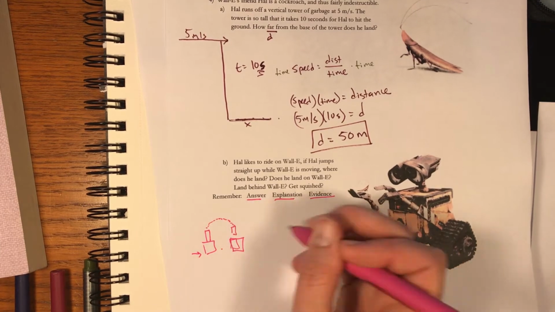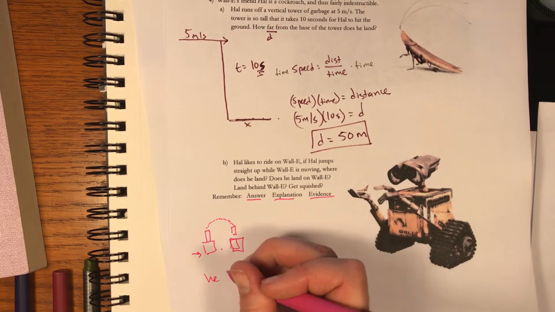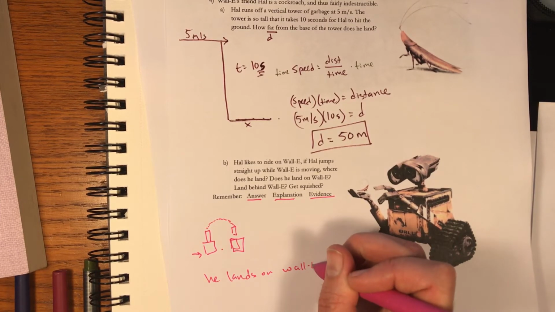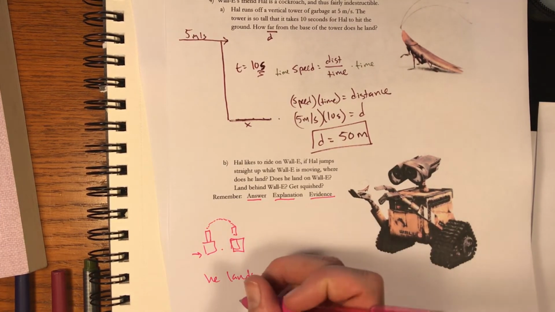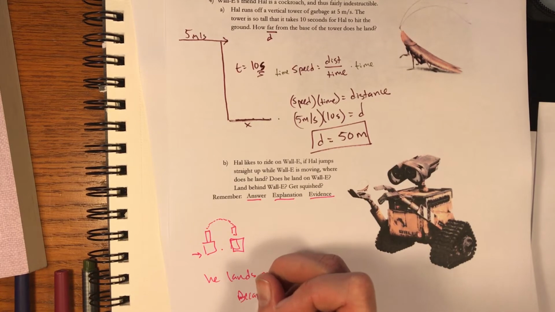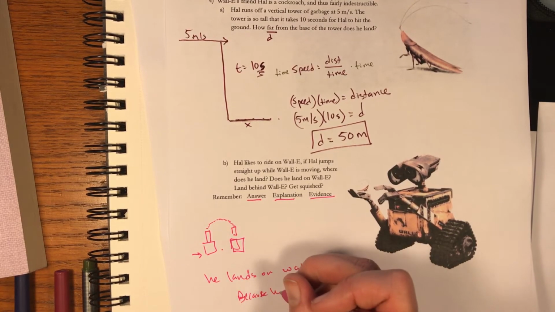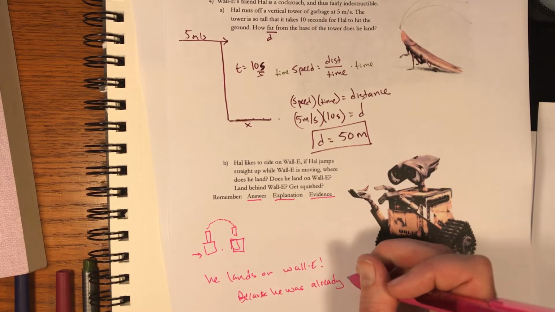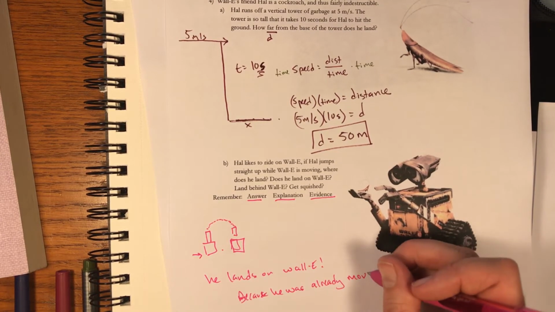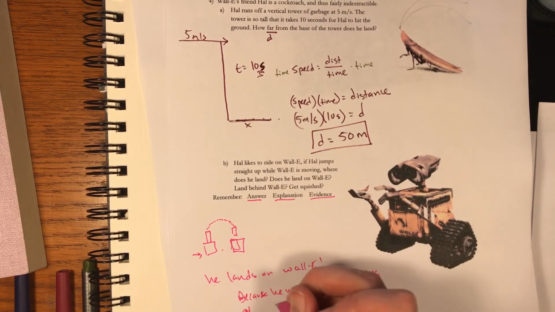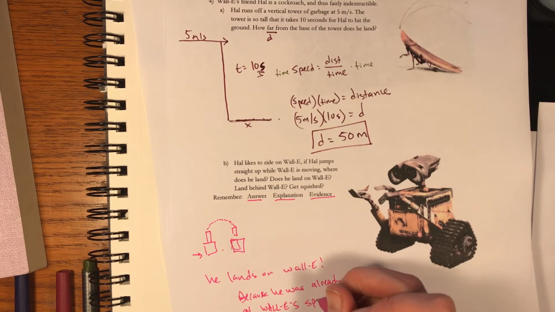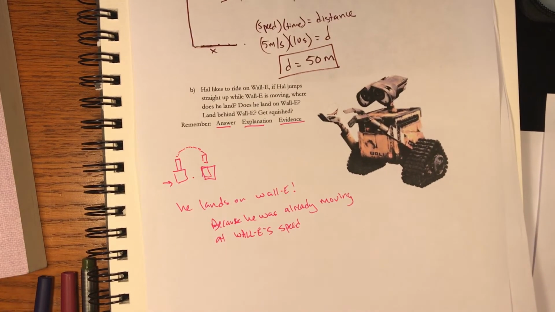So the answer is he lands on WALL-E, because he was already moving at the same speed as WALL-E's speed when he was thrown in the air.